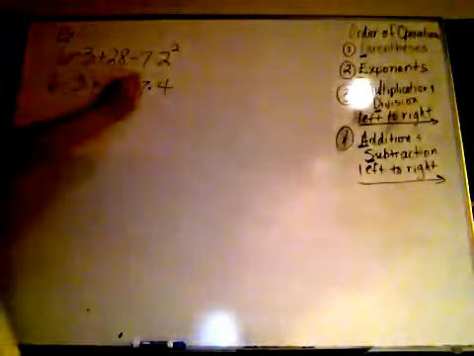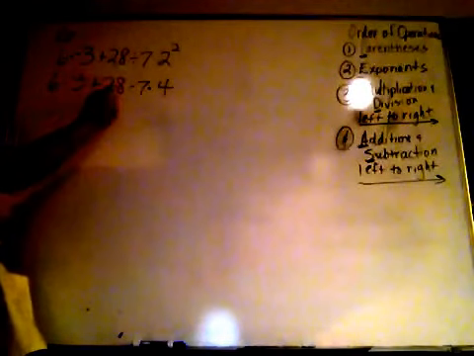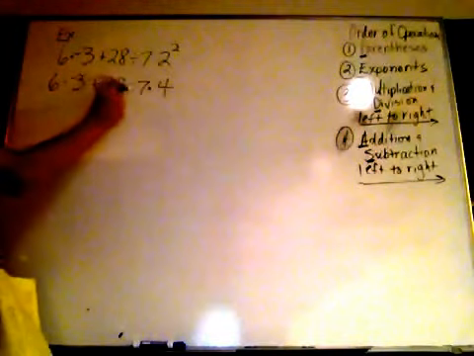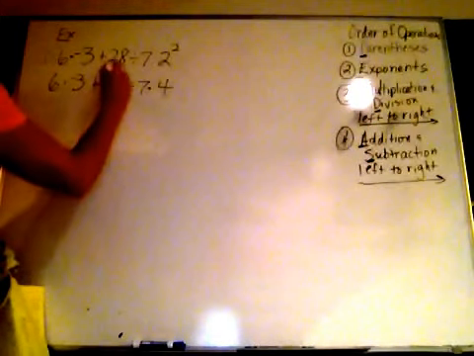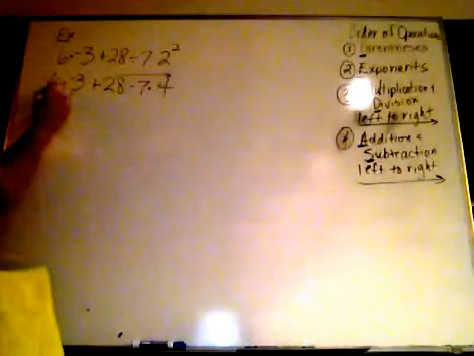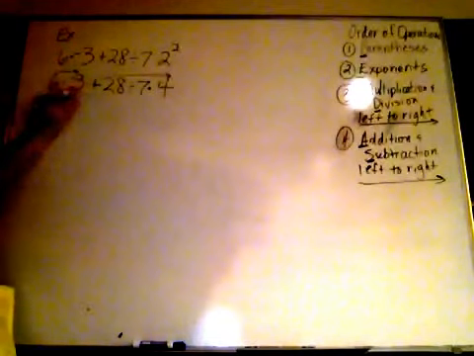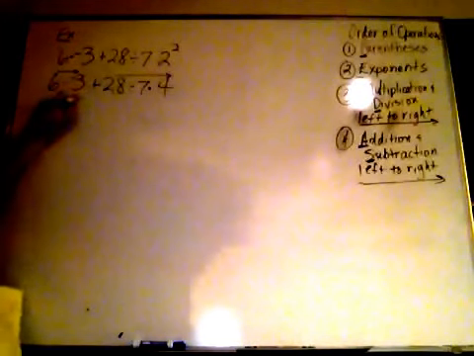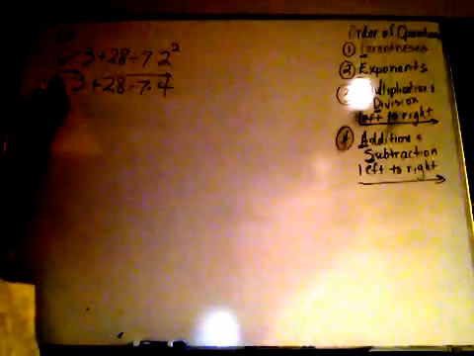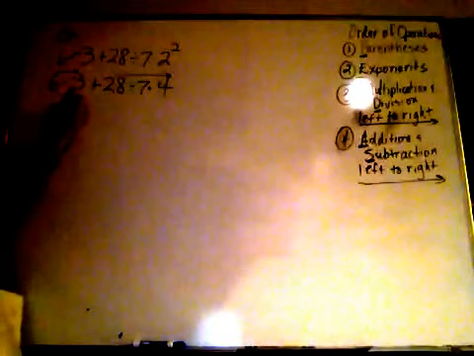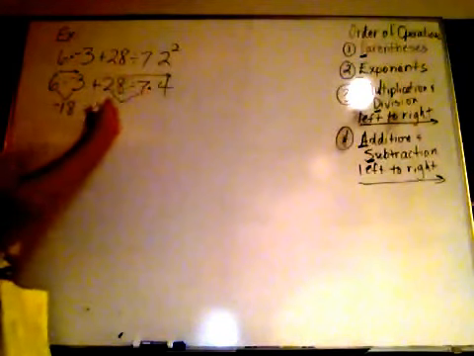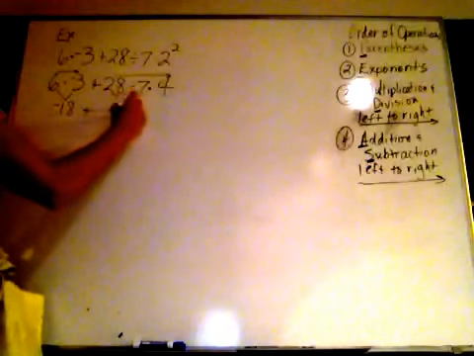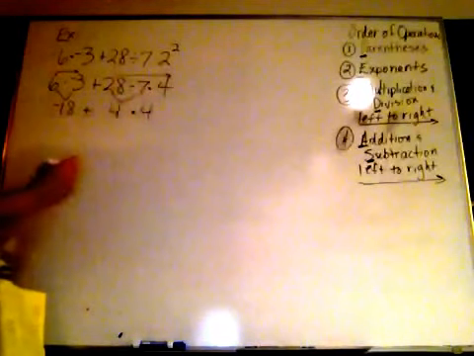Okay, so then I'm going to look at this and say, okay, I don't do the addition till last. I'm going to do this division and multiplication from left to right here. And I can also go ahead and do this since it's separate from these 3 over here, because I'll add last. So 6 times negative 3 is negative 18, plus 28 divided by 7 is 4. And then I'm going to multiply that times 4.